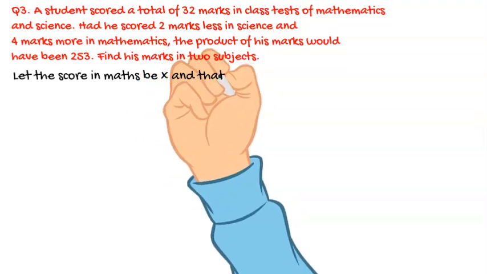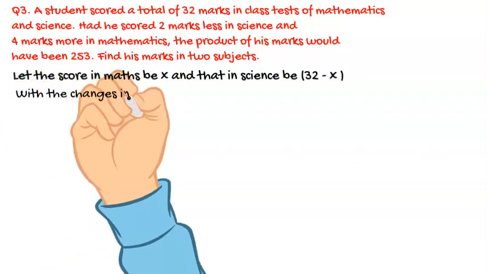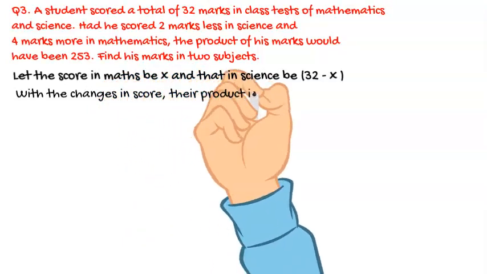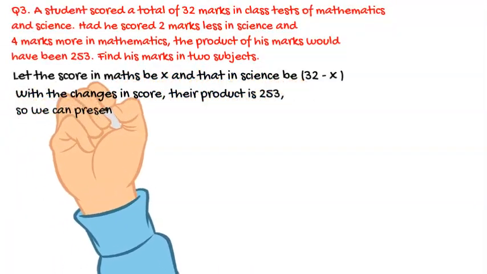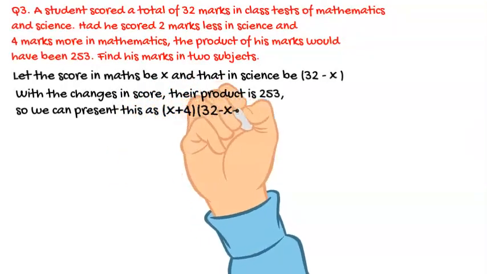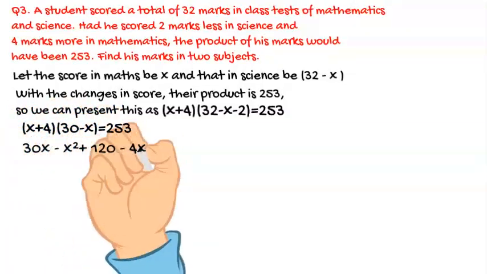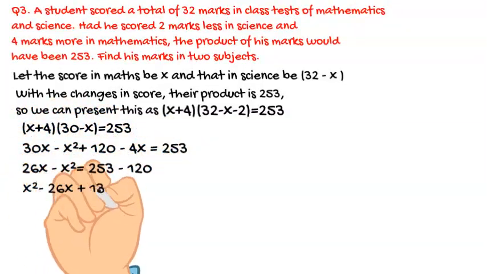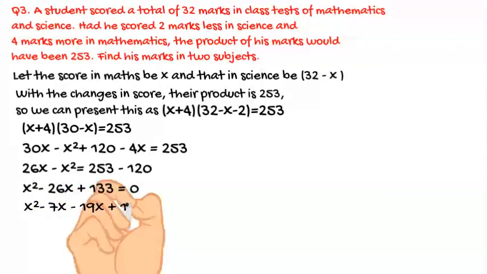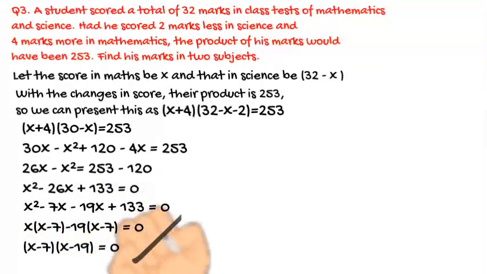Let the score in maths be x and that in science be 32 minus x. With the changes in score, their product is 253. So we can present this as x plus 4 into 32 minus x minus 2 is equal to 253. So we get x plus 4 into 30 minus x is 253.